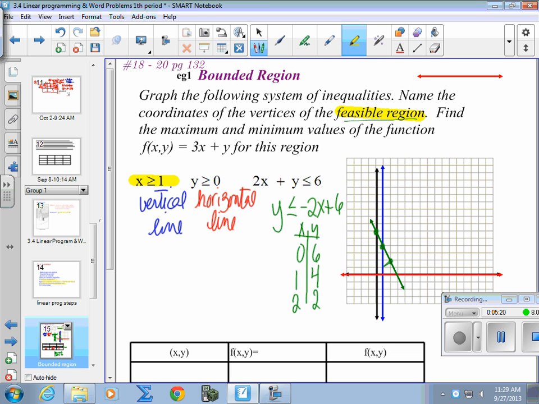So this triangle inside here is what is considered the feasible region. So the shaded area is the feasible region. Everybody okay with that?